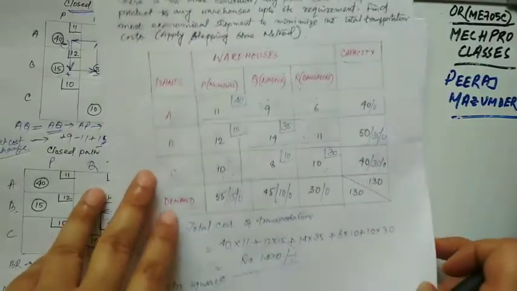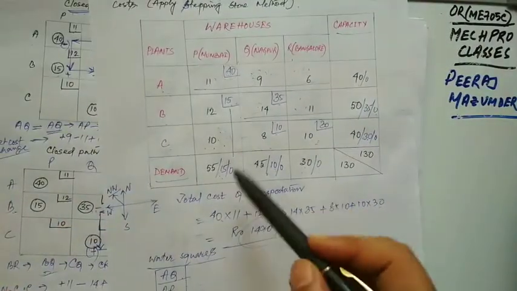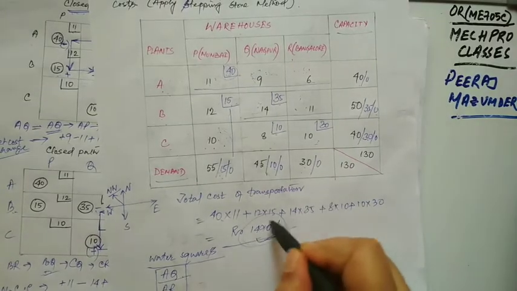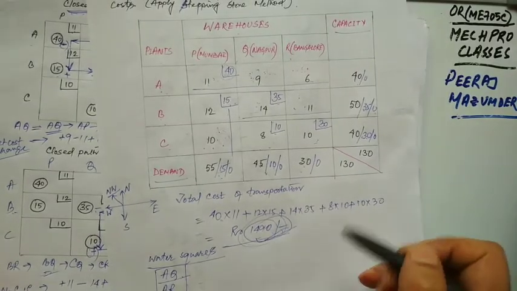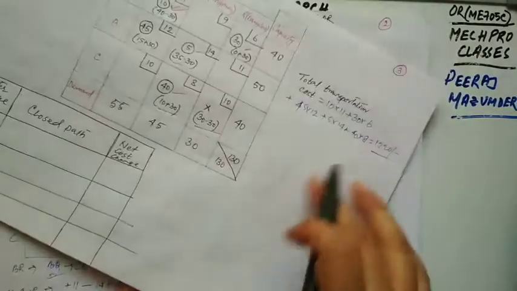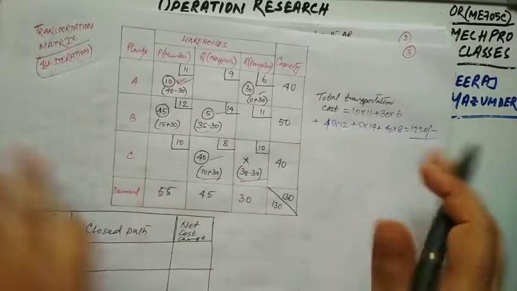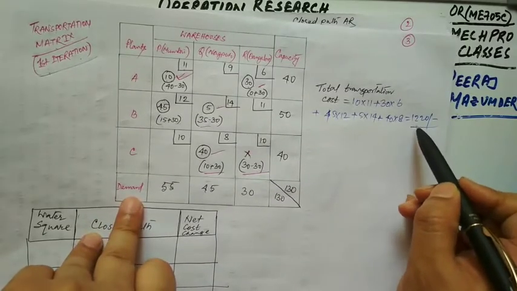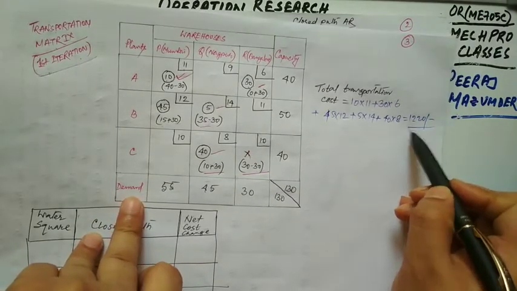So you can see from the previous one, we had earlier solved it using the northwest corner method, and we were getting around 1490. So after the first iteration of this stepping stone method, we have got a reduction in transportation cost to 1220.